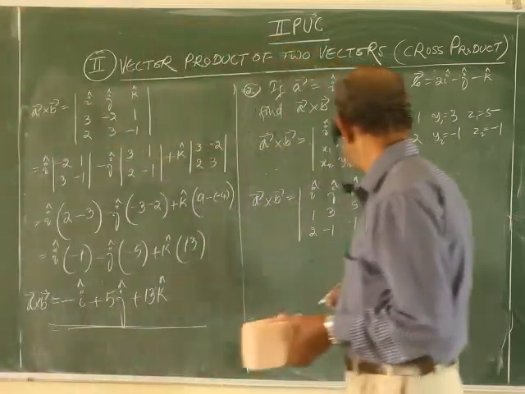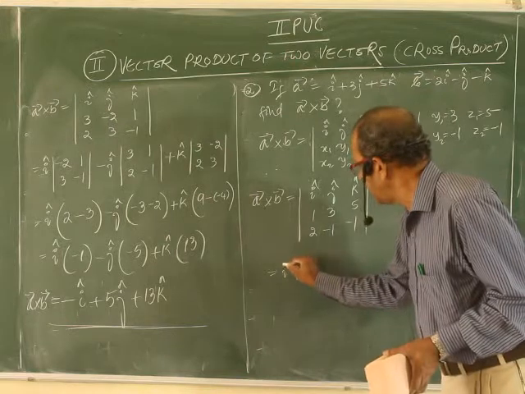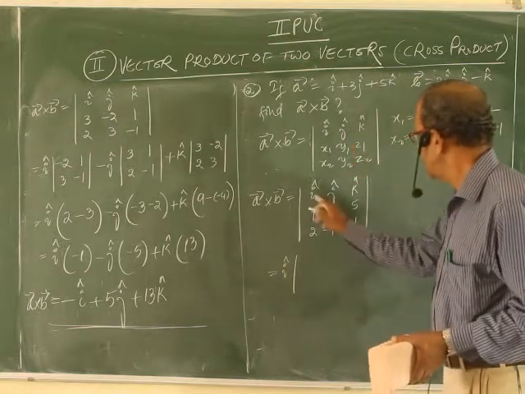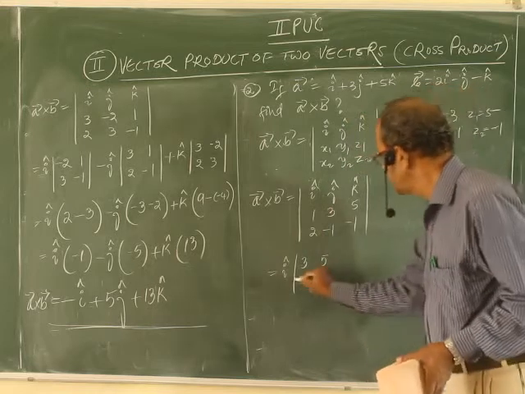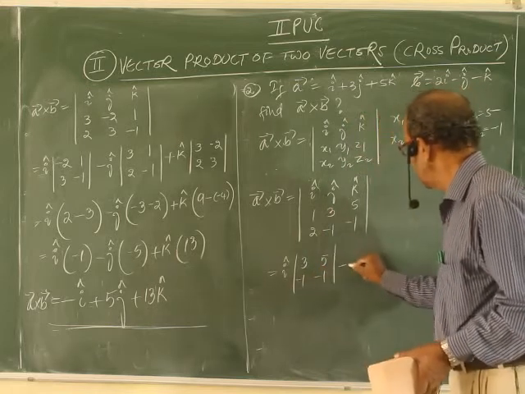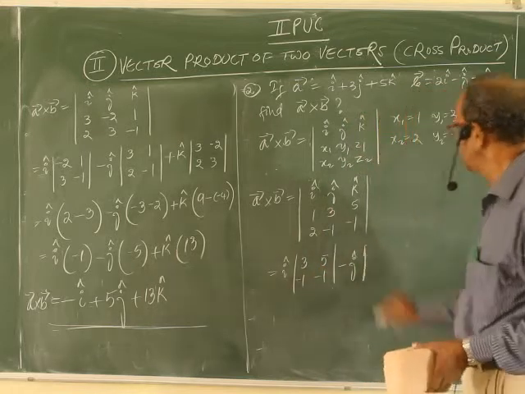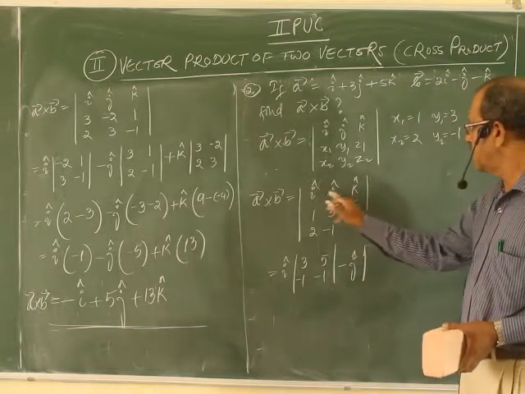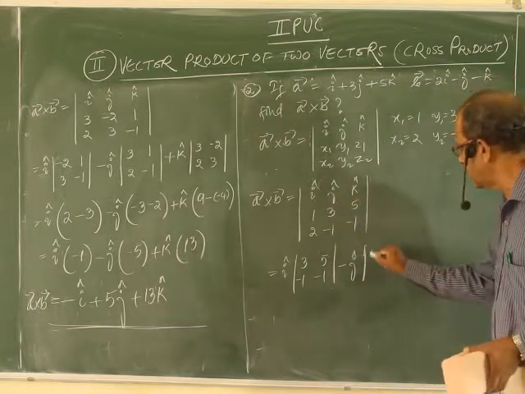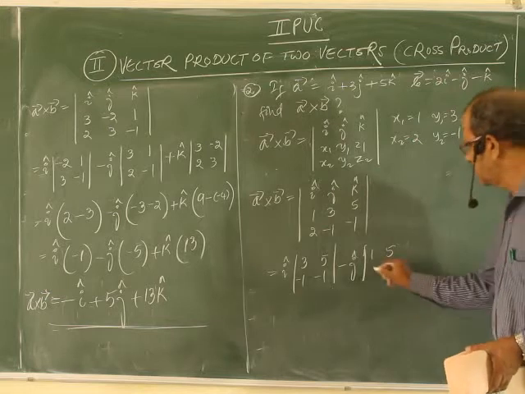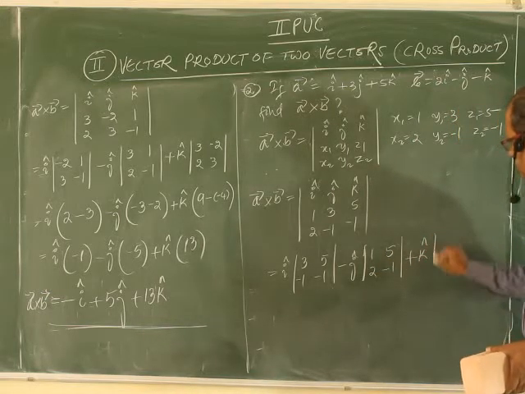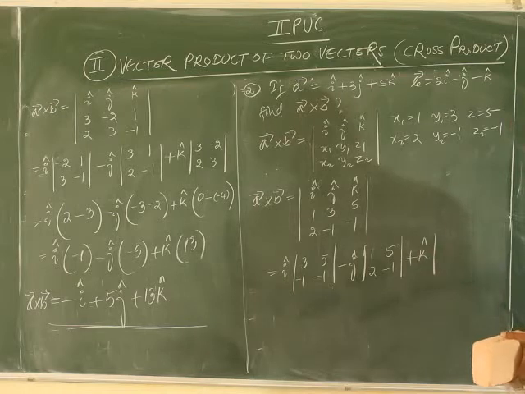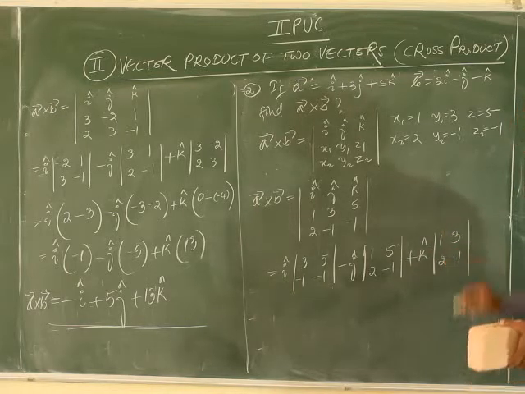Calculation: equal to I into 3 5, minus 1 minus 1, minus j into, delete the first row second column, you get 1 5, 2 minus 1, plus k into, delete first row third column, get 1 3, 2 minus 1.